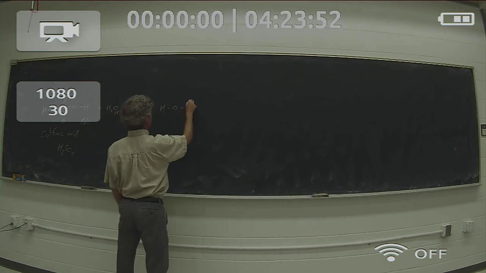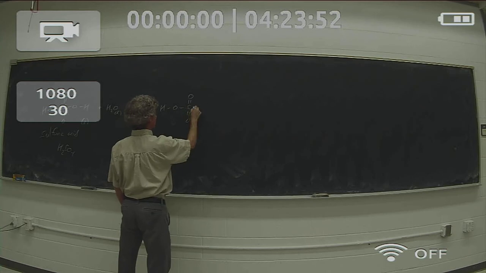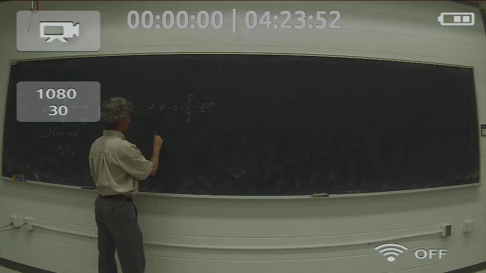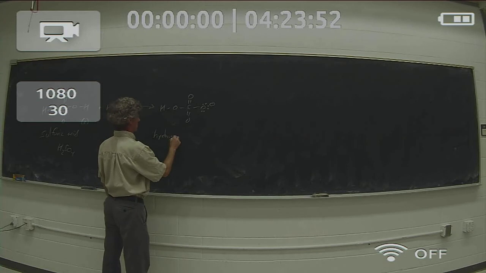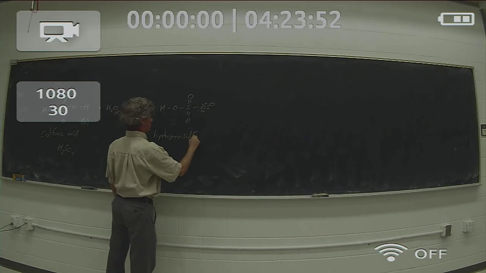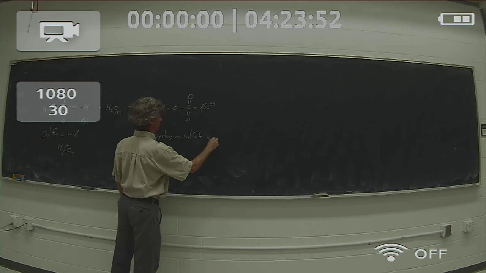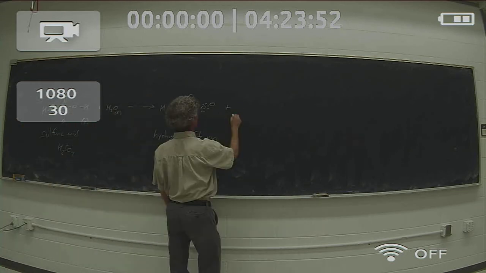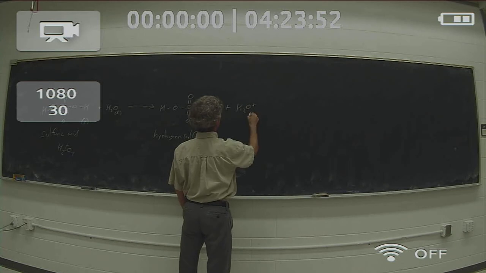That tells us the hydrogen sulfate anion, also known as the bisulfate ion, exists along with the hydronium ion.